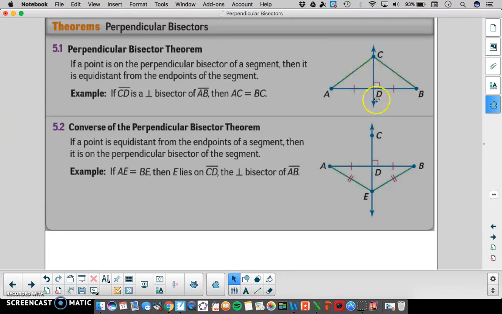We can prove this using congruent triangles, and we would show that CA is congruent to CB. The converse of that is if we know those pieces are congruent, then we know that this line must be the perpendicular bisector. So notice how those are switched from one another, being the converses of one another.